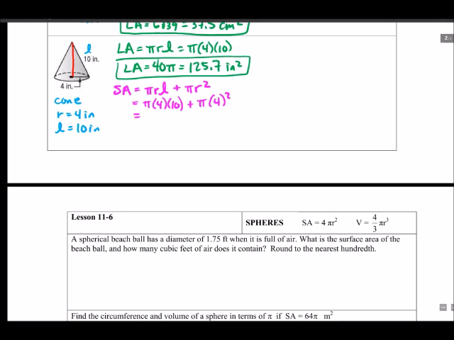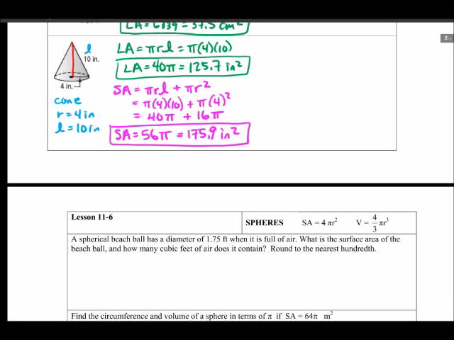We already know our lateral area here is 40 pi plus 4 squared, 16 pi. So my surface area would be 56 pi, or if I put that into the calculator, 175.9 inches squared. So there we go. That's 11.1 through 11.3.